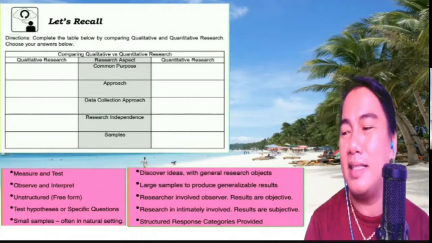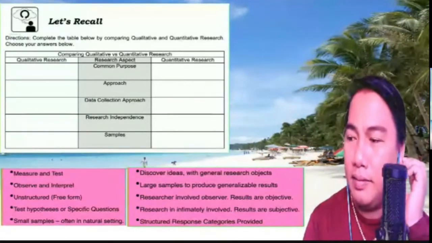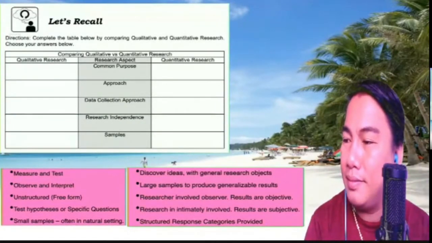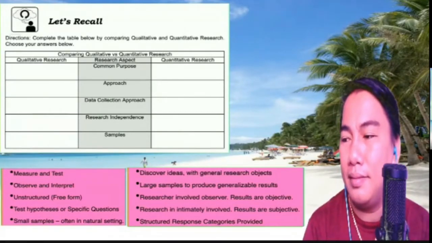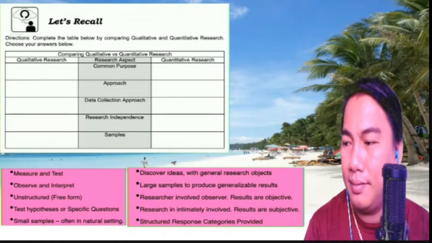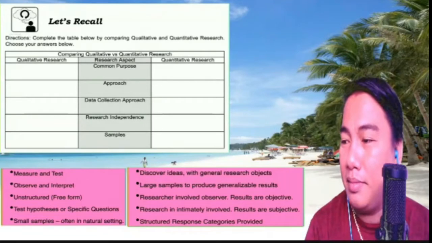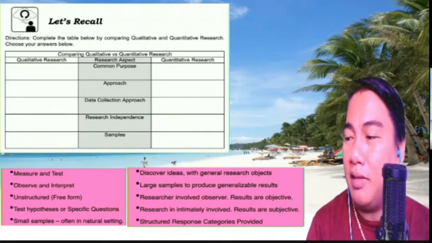Next, discover ideas with general research object. Qualitative. Sir, quantitative. That's quantitative, the general research object.